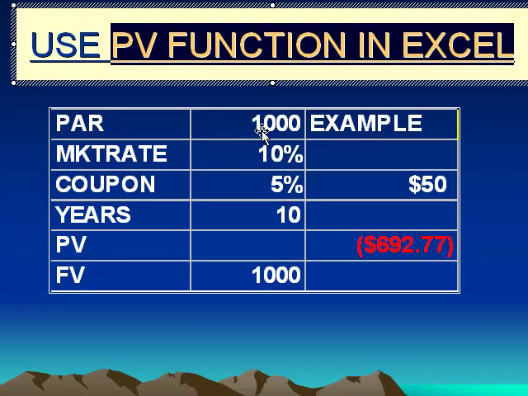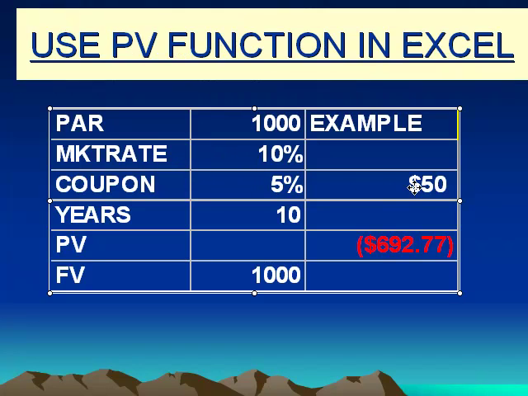Par is 1,000, market is 10% today, coupon is 5, which means it pays us $50, and we have 10 years. So click on the present value function, enter the rate, the current market rate of 10%, that's what you're discounting at, and the periods, N per, are 10. The future value you're going to receive is the $1,000, and the payment is $50.